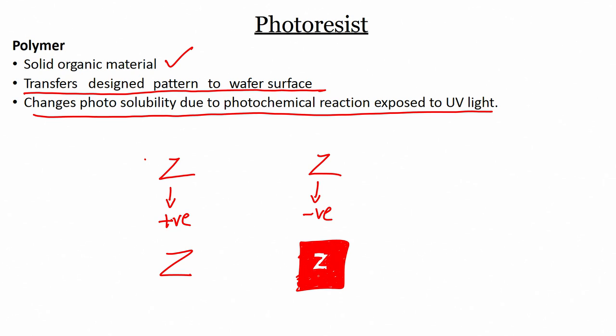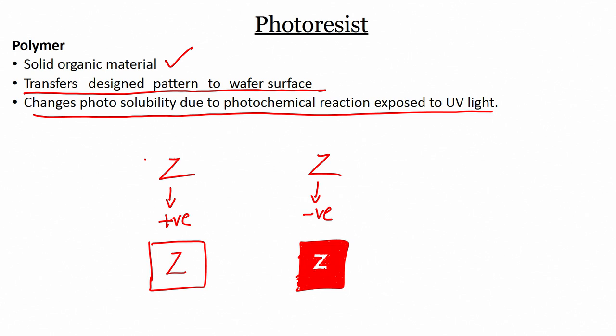You see here what we are getting, right. So, in this case we got this, you see. In this case, the area which was exposed, right, the photoresist got etched.